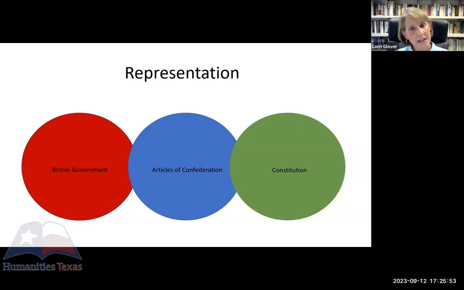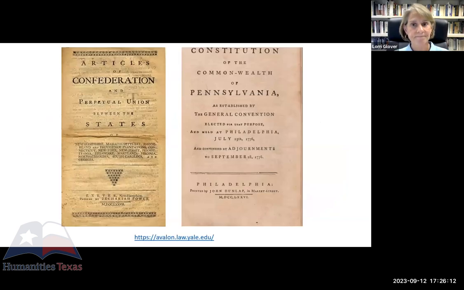And the way that representation was redefined under the Constitution was one of the most significant and controversial innovations in the design, because it was a reversal of practices in the states and under the Articles of Confederation.